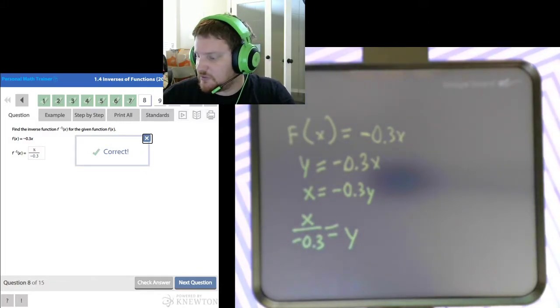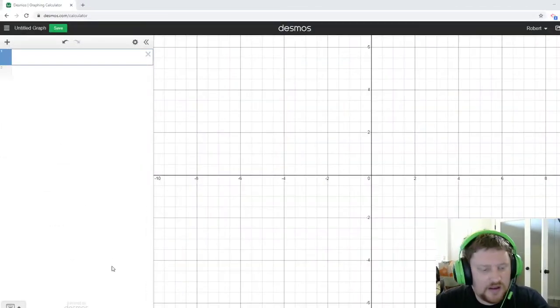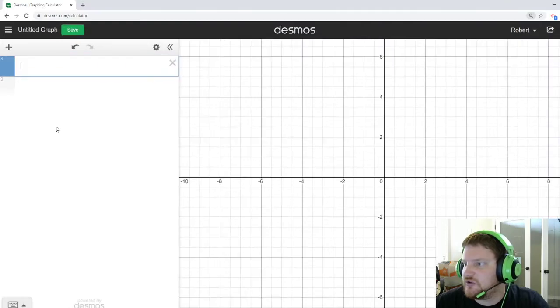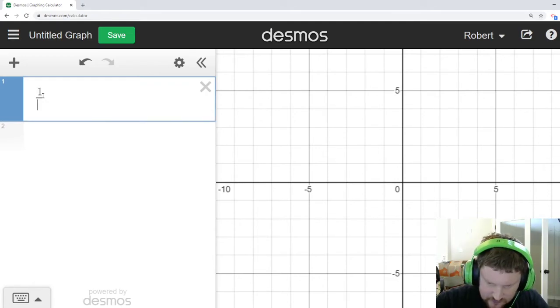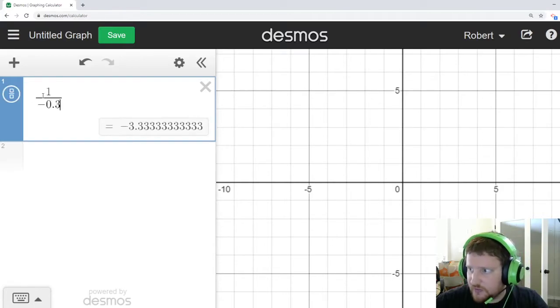However, let's pull up Desmos real quick, and I want to show you what I thought they would accept. I'm going to zoom in a little bit. We have x divided by negative 0.3. Let's replace x with 1 real quick, and I want to do 1 divided by negative 0.3.